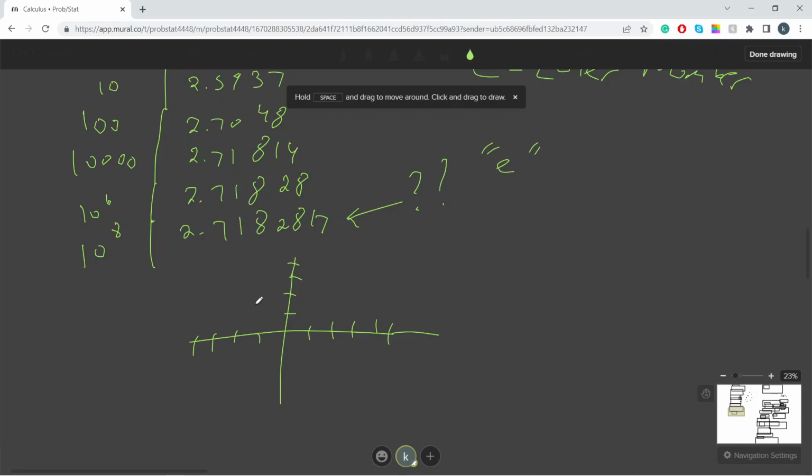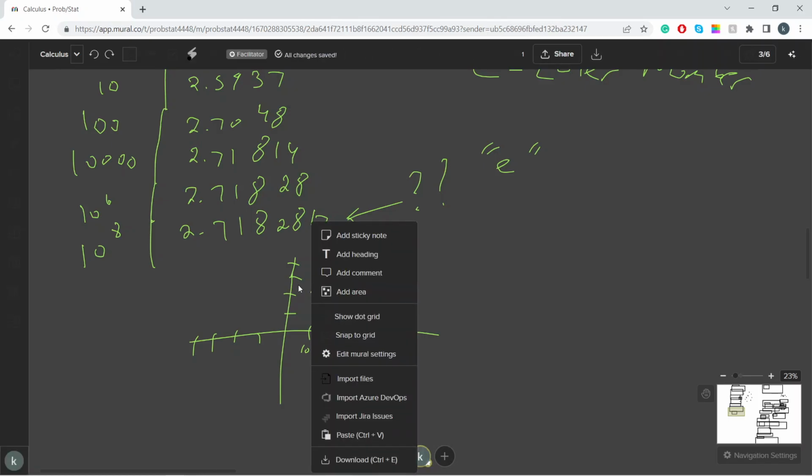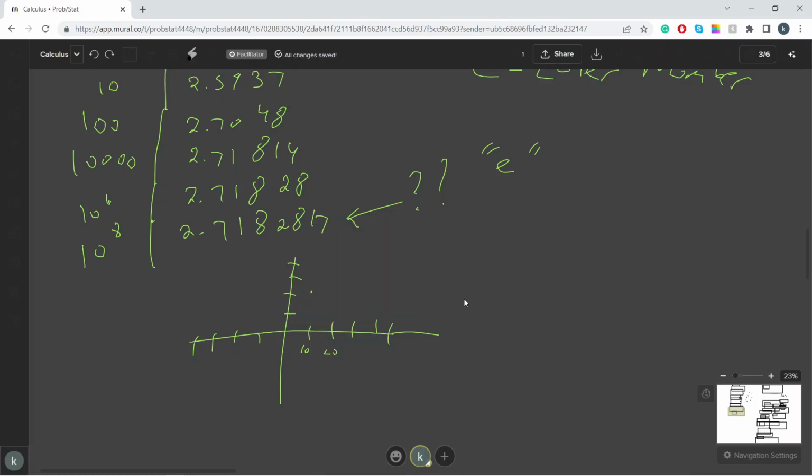So what's happening is that you are going to be approaching e. When we plugged in 10, we got about 2.5. So let's say this was 10, 20, 30, and so on. We're scaling by 10. I'm going to use a different color to sketch the points out.